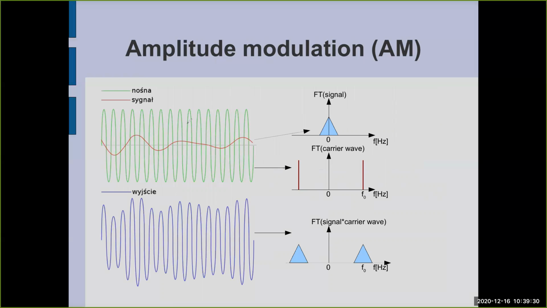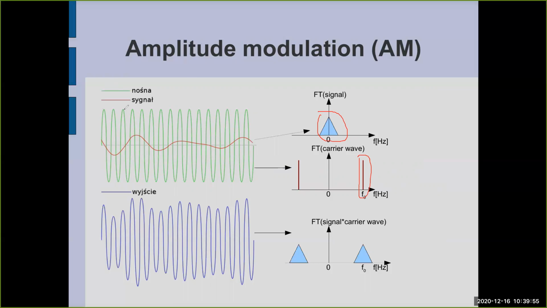If we analyze the spectrum of the signal, it may look like this. The carrier wave is a sinusoidal signal, so there will be only a single bar for the carrier wave frequency.